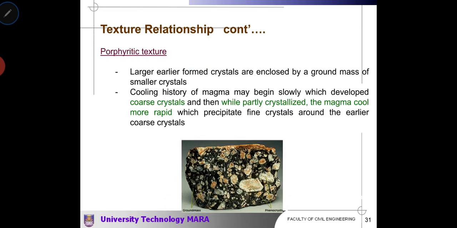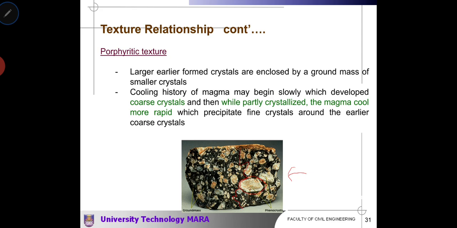Next, you have porphyritic texture. Okay, as you can see, this picture is very clear. You have here very large individual grains surrounded by a smaller fragment of rock in which you cannot see the individual grain. So it is the combination of coarse and fine grain. So if you have both of it, we call that porphyritic texture.